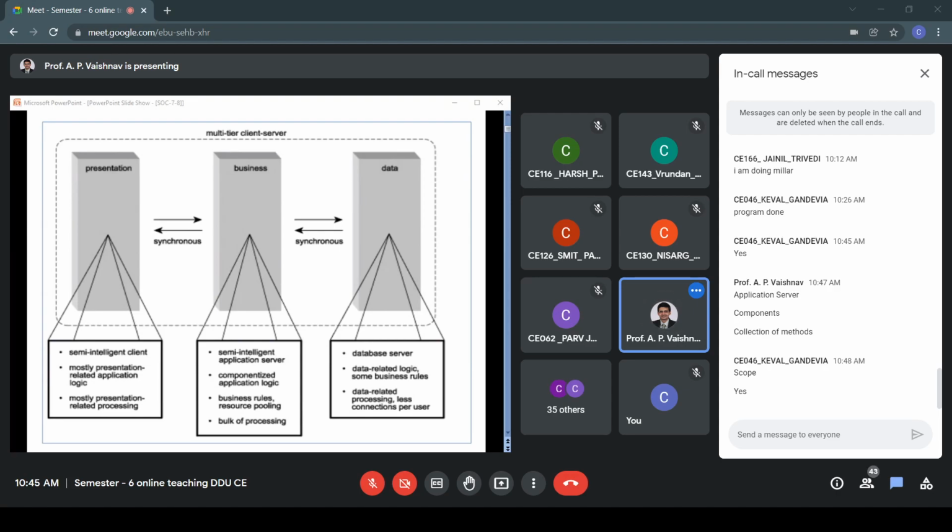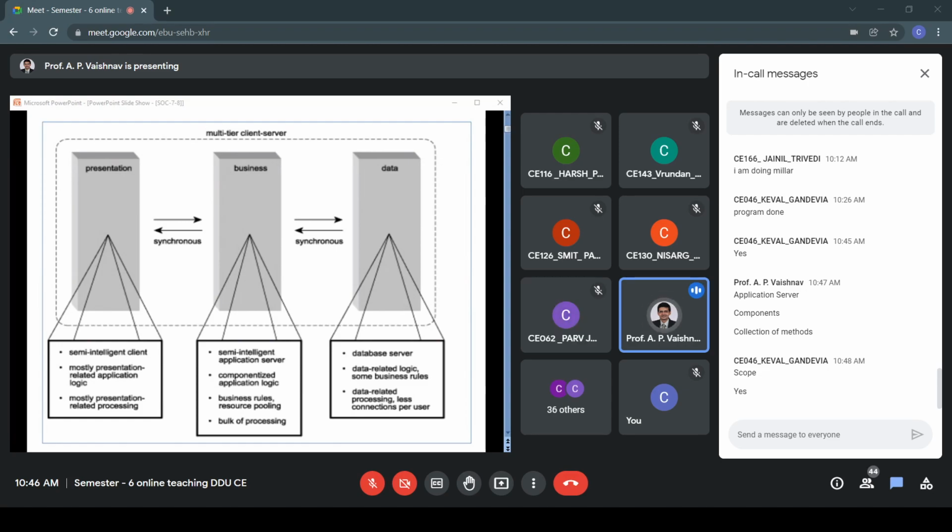Similarly, your entire logic of the application is divided into number of components, and those components are deployed on the application server, right? So again, I repeat, the components are deployed on the application server. We also call that an app server, right? So that is this middle tier. Fine.